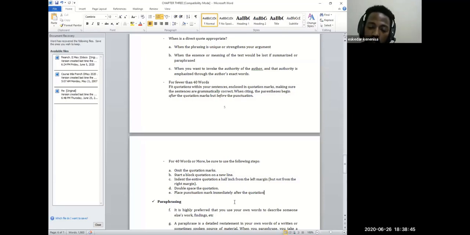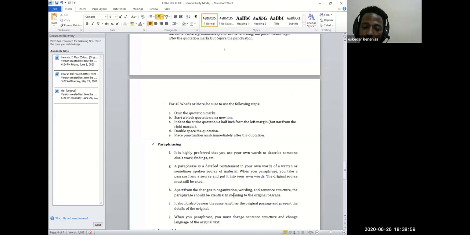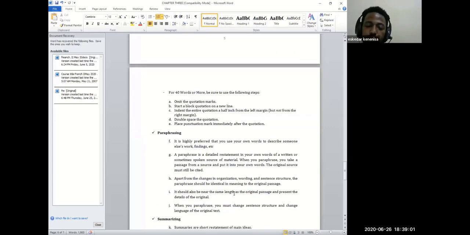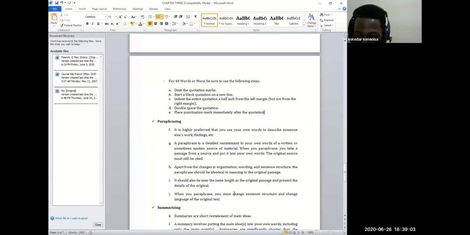After you clearly take the information, you also cite the name of the author, the date, and the page.